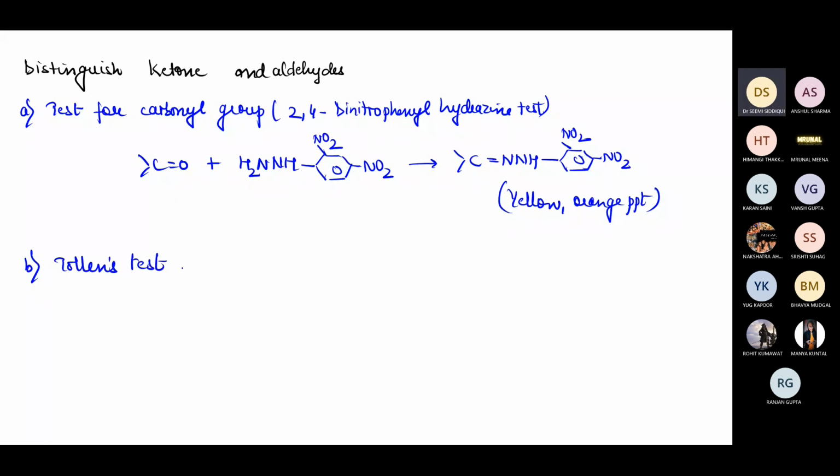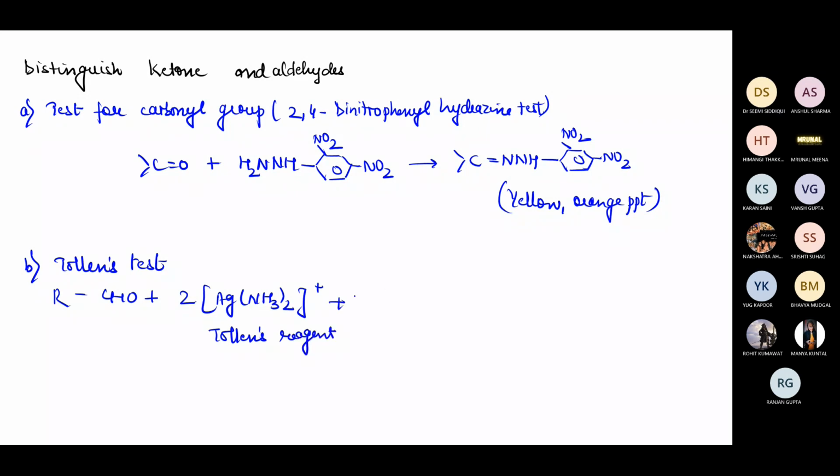Now in the case of the Tollens test, if you take the aldehyde, you treat it with the Tollens reagent. Tollens reagent is [Ag(NH3)2]+, plus hydroxyl group.